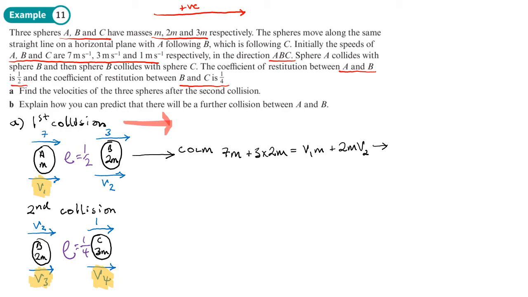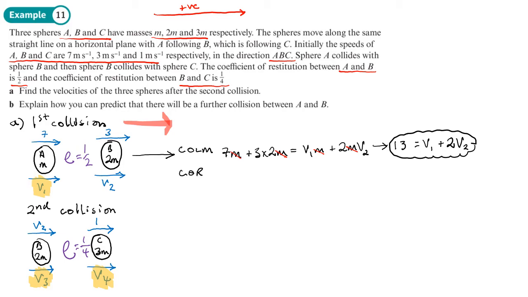So all of these m's cancel out, and that gives me 7 plus 6, which is 13. 13 equals v1 plus 2v2. So that's equation number 1. I'm going to highlight that because these things can easily be lost if we're not looking out for them. And then we'll do the coefficient of restitution.